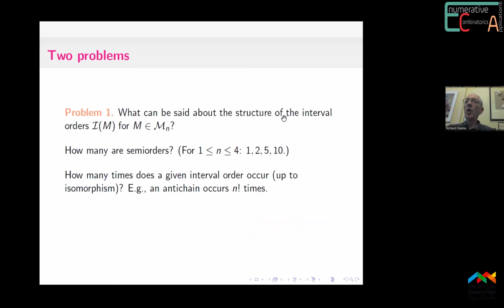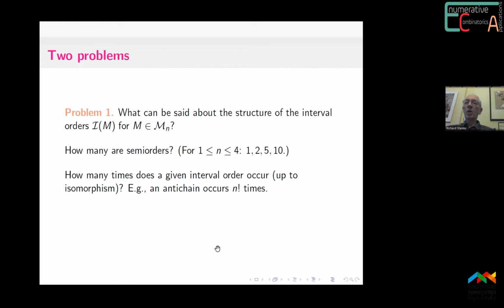This suggests two problems just having to do with this set I_M of interval orders corresponding to a matching, for the matchings of 1 up to 2n. One interesting question, I think, is how many of these are actually semi-orders? How many times do we get unit interval orders? For n up to 4, these numbers are 1, 2, 5, and 10.